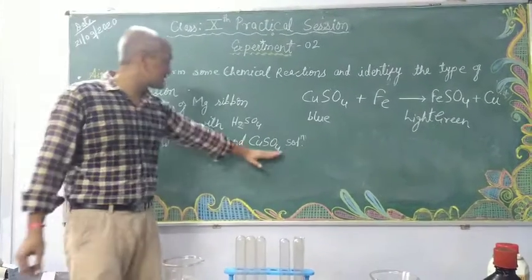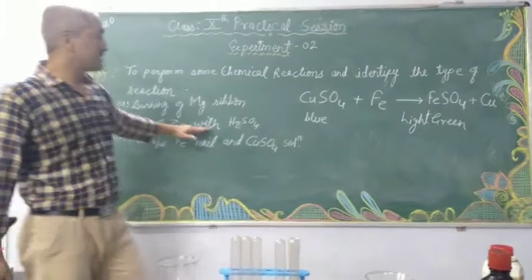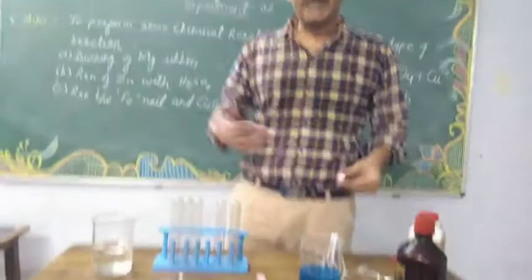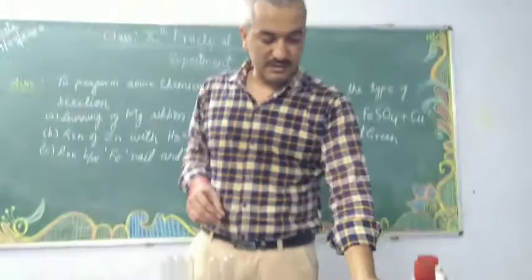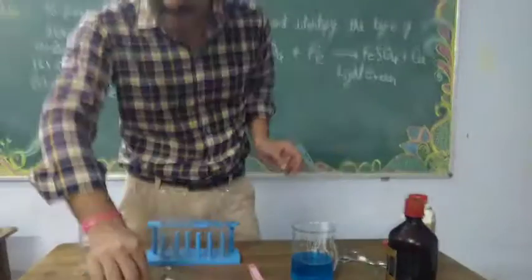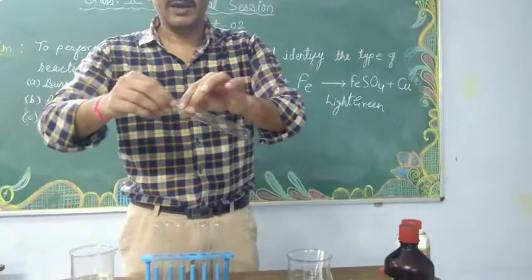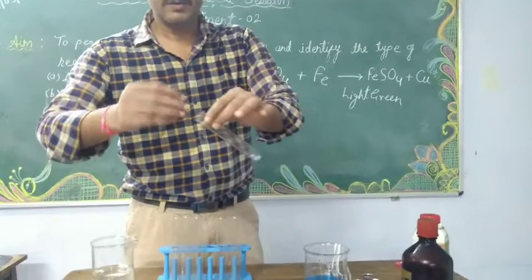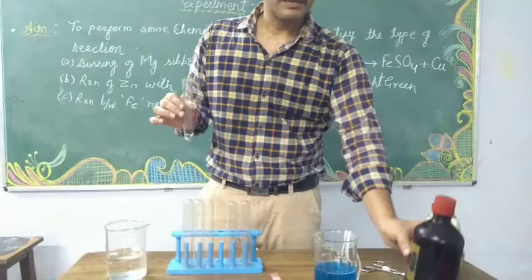Okay, now about the third reaction. We have discussed iron and copper sulfate, and now the reaction between zinc and dilute sulfuric acid. Let's see. I will take some zinc granules in the test tube. Got it? And I am adding some acid to this.